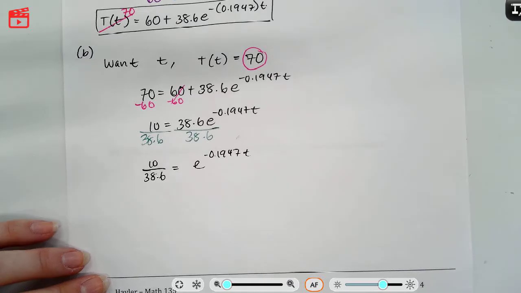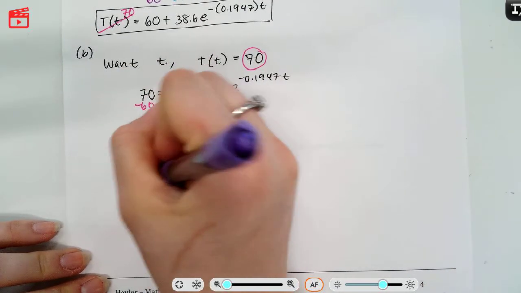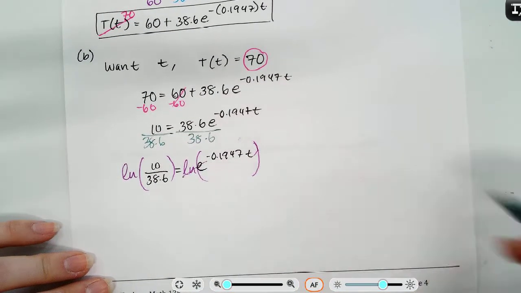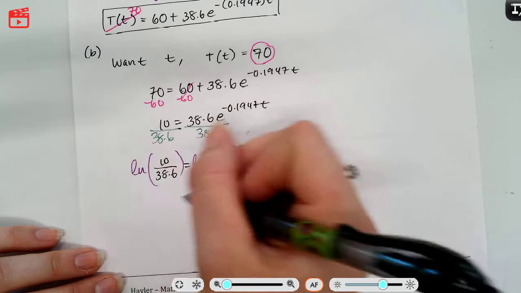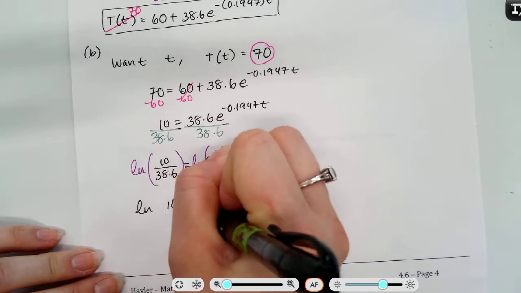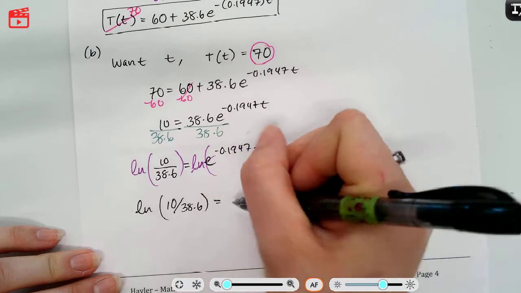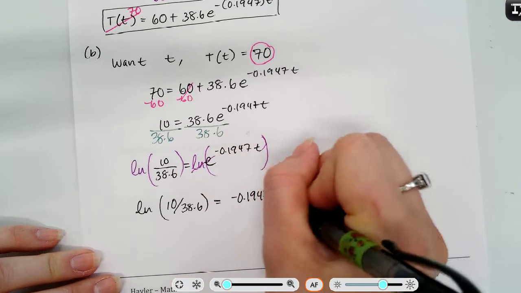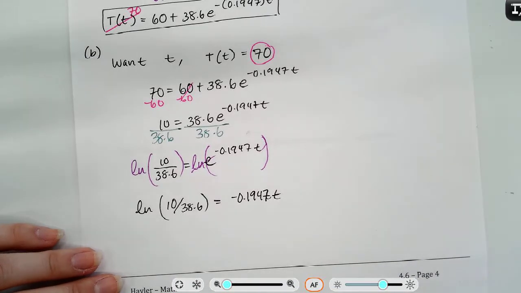Okay, let's go ahead and take the natural log of both sides. Reason I take the natural log is so I can cancel, or I can simplify that. So that's going to be natural log of 10 over 38.6. All right, and now we can divide out.